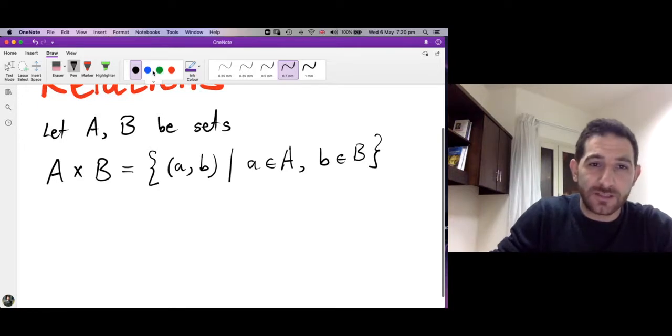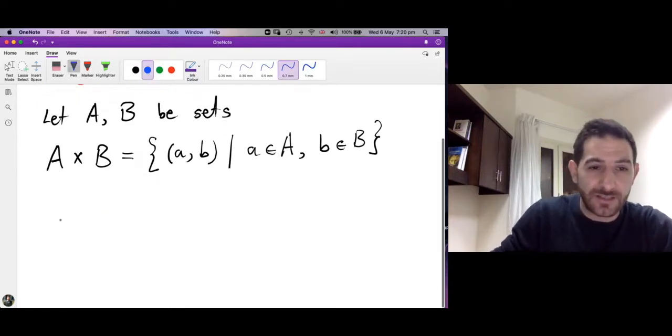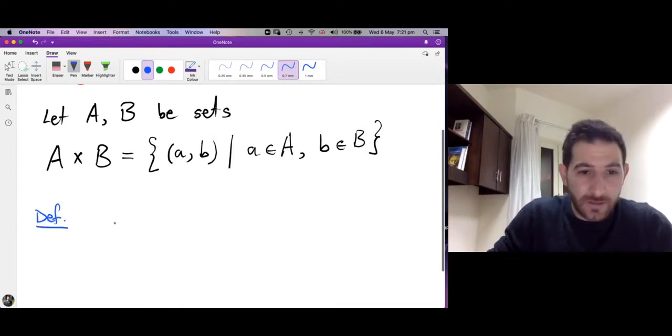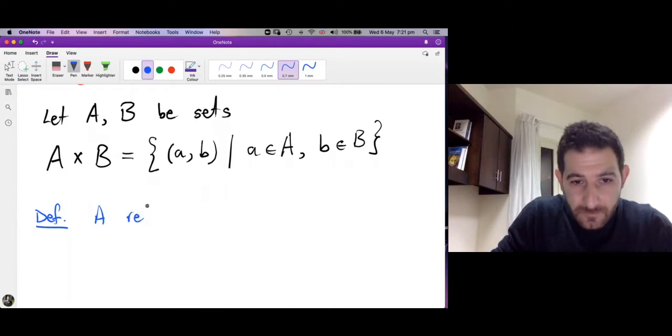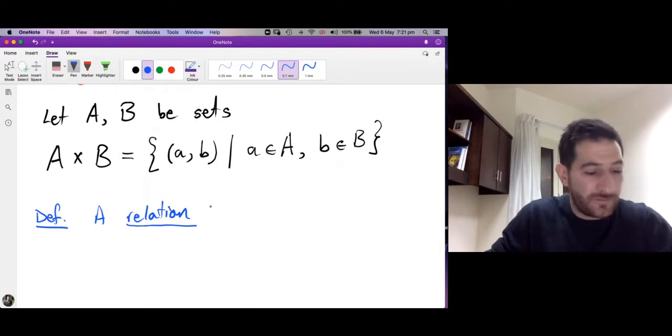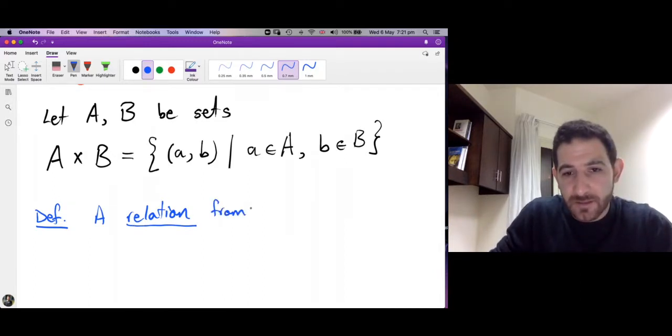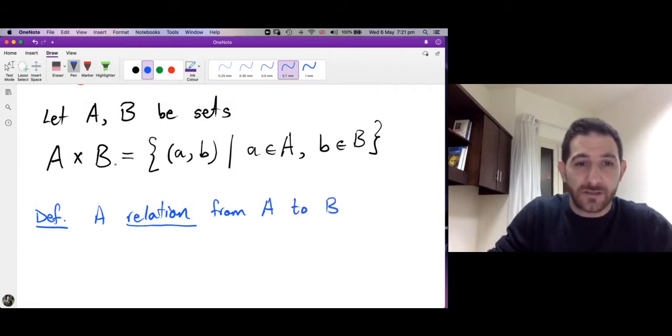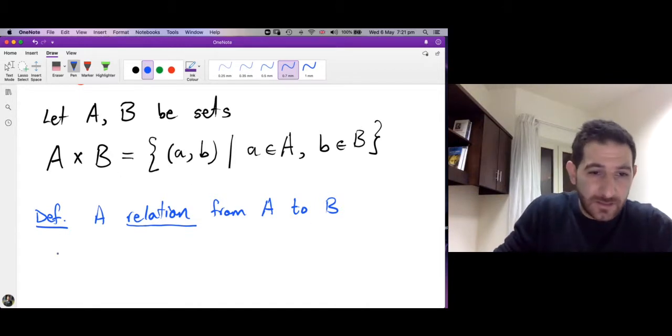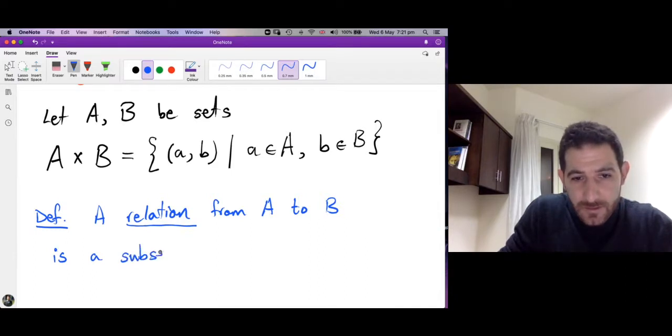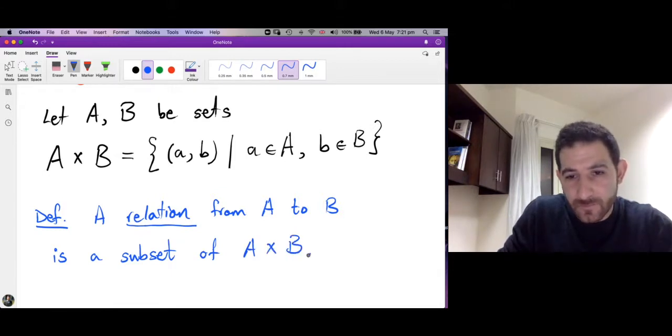Now let's define what is a relation from the set A to the set B. So definition. Okay, so a relation from A to B, from the set A to the set B, is simply a subset, any subset of the Cartesian product, okay, of A cross B. Okay.